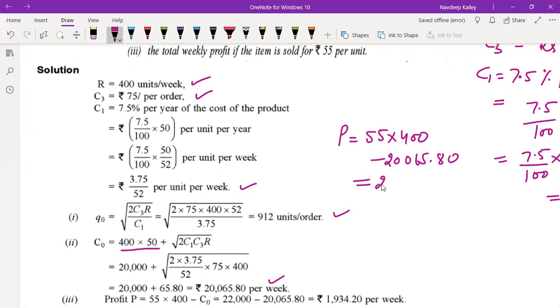After calculation, this is 22,000 minus 20,065.80 rupees. We will get 1934.20 per week as profit.